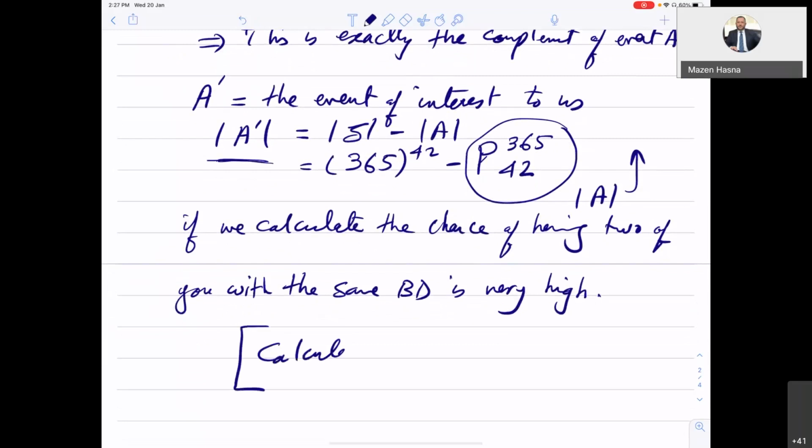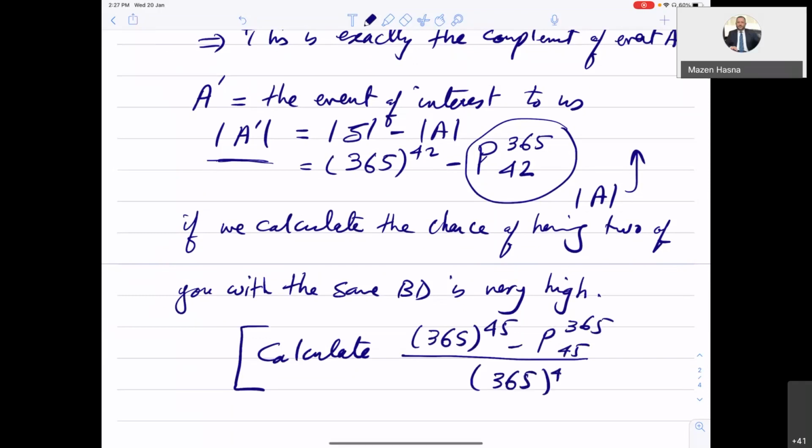The problem is 365 to the power 42. The calculator cannot find the answer. So that's why you can calculate the probability instead, which is this. You do some things by hand first. It's around 4.1 times 10 raised to 107.